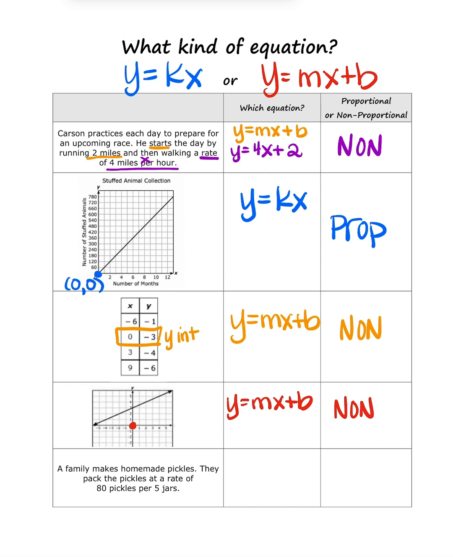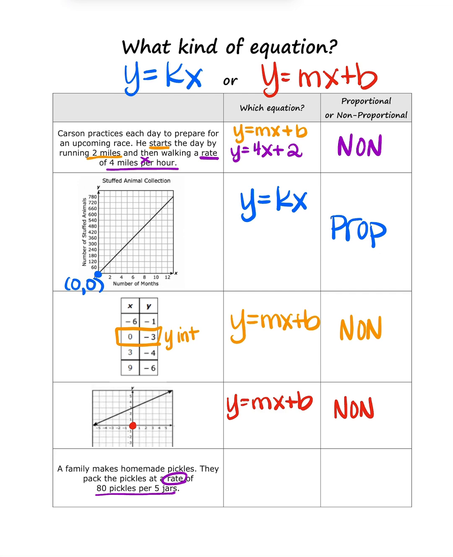And the last one says a family makes homemade pickles. They pack the pickles at a rate of 80 pickles per 5 jars. So in this problem, we have 80 pickles per 5 jars. It says our beautiful word rate, but we do not have any kind of starting point.